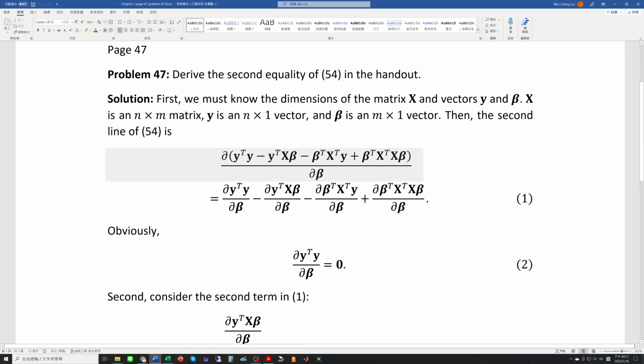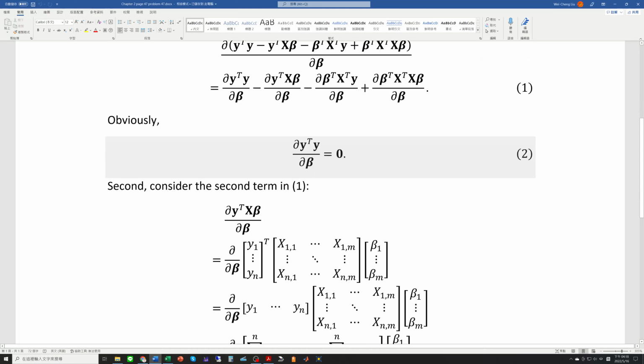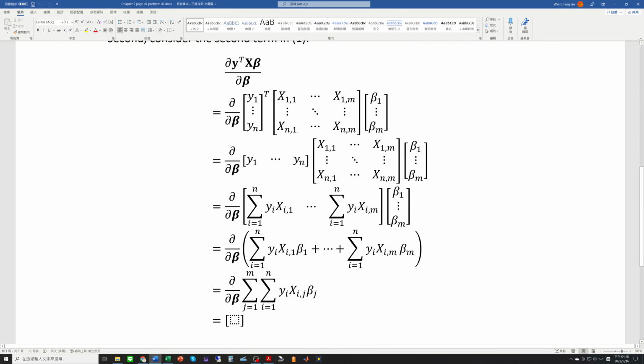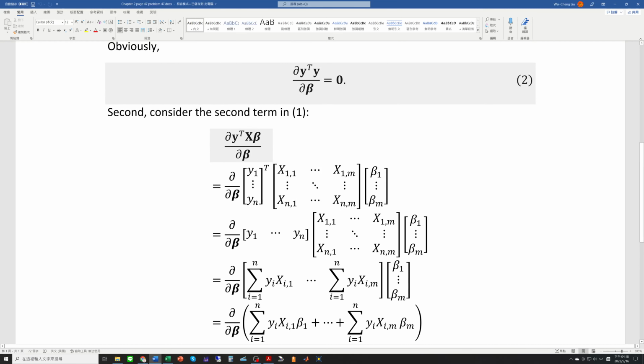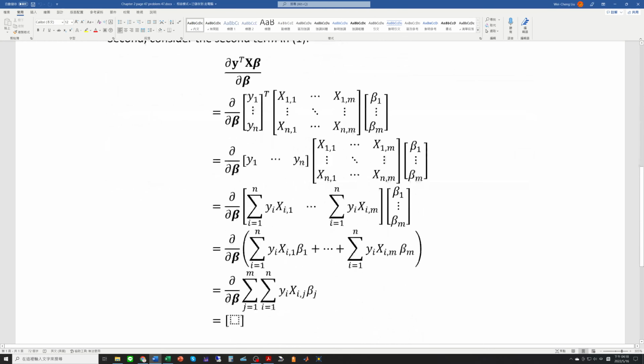So first we can find that the second line of the equation 54 can be split into these four terms. Obviously the first term is equal to a zero vector. And we are processing the second term in equation 1. That is this term.